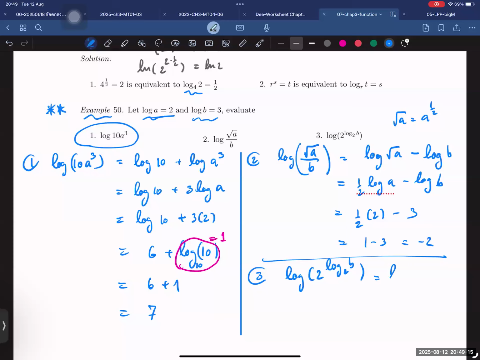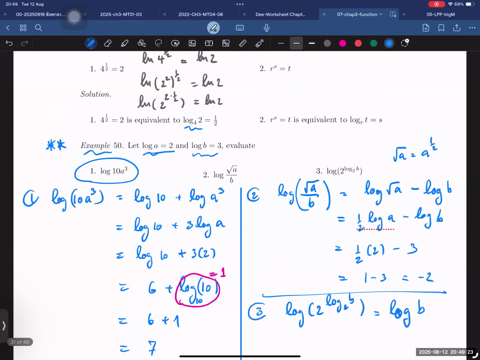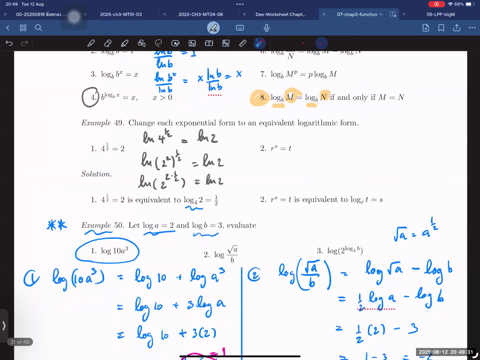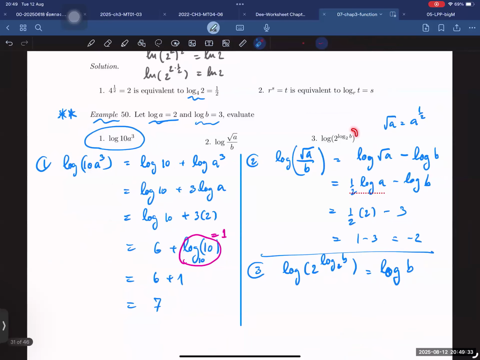So we're going to get just b, right? So we get 2 to the power of log b base 2. This is the same as b, okay, because of this rule: 2 to the power of log base 2 of x is going to return x. So in this case, it will return b. So we got log b. Log b is 3, right? So that's it.